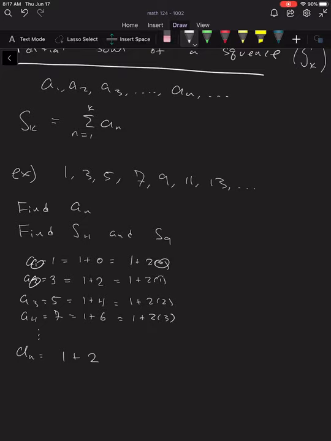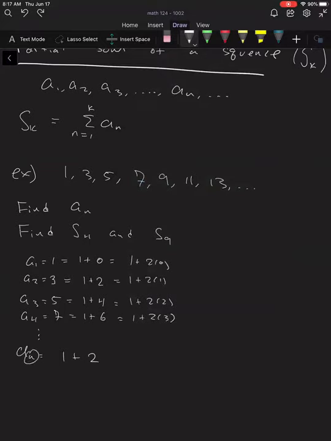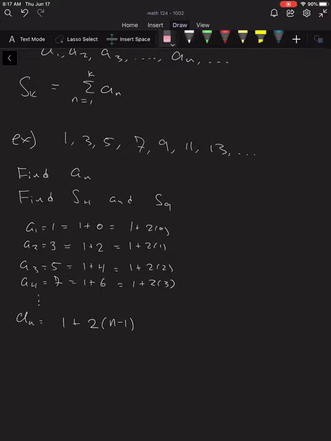When we have 2, there's a 1. 3, there's a 2. 4, there's a 3. So it's always 1 less. So if we have an n, there should be an n minus 1 here. So this is going to be our formula for an, equal to 1 plus 2 times n minus 1.